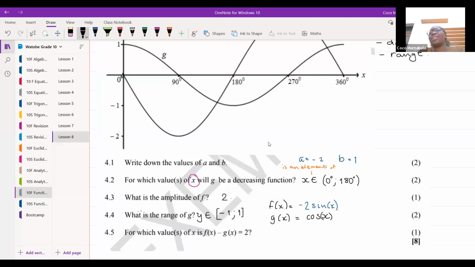Now they want us to take f of x minus g of x and make that equal to 2. So we're going to go f of x is negative 2 sine x minus g of x, which is cos of x. And all of that needs to equal 2.